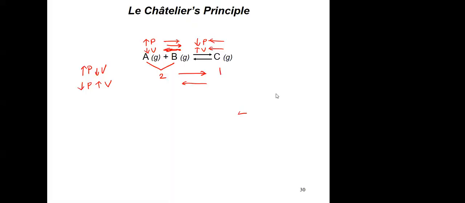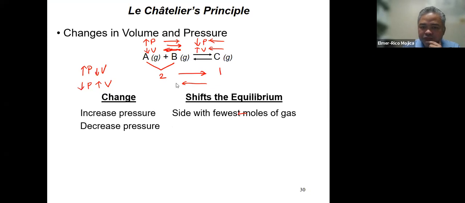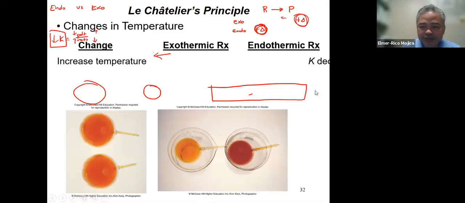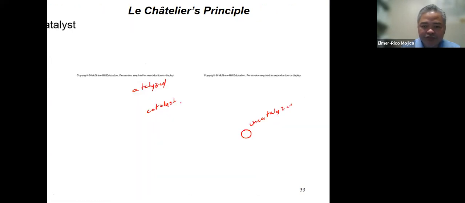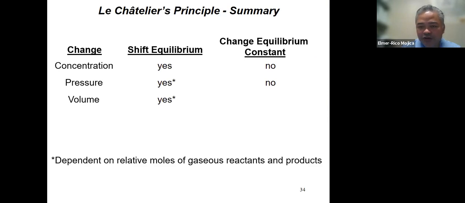So let's continue. I told you we're not done yet with the chapter. What we're going to do is apply some problems on this chapter. How are we going to apply all the summarized concepts that we have?